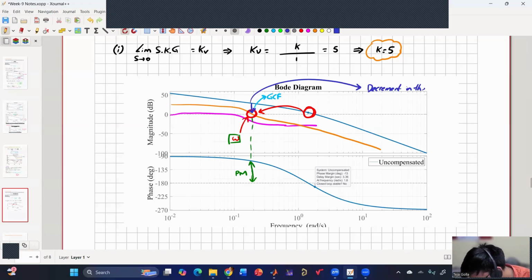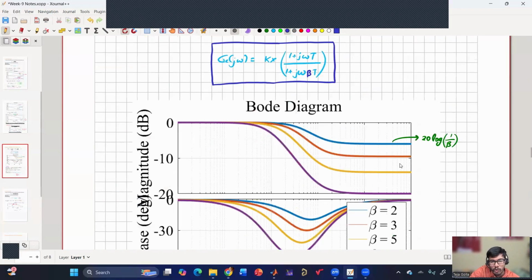We are trying to force the gain to become 0, so that that will be my new gain crossover frequency. And then there I will get my phase margin. So I'm first fixing my phase margin and then checking my omega, and at that omega I'm checking how much decrement is needed in the gain, because that decrement will be provided by this. So this guy will provide the decrement in the gain.